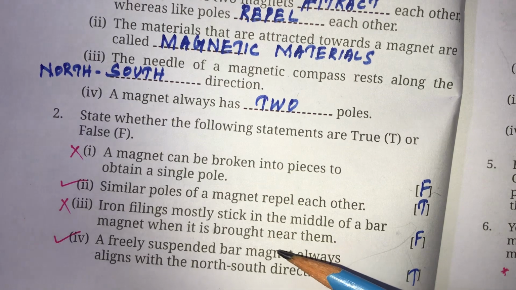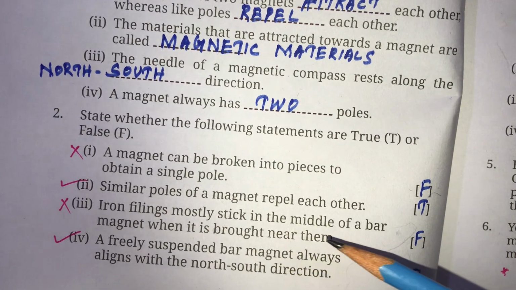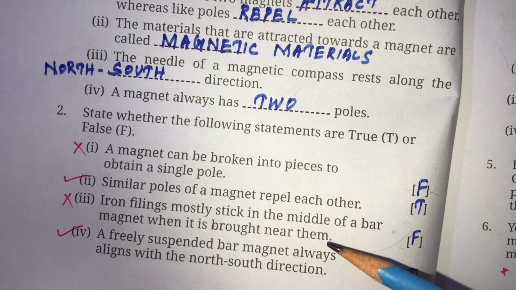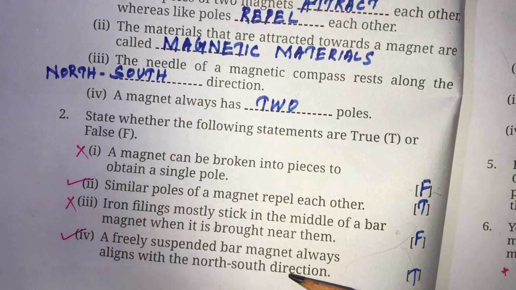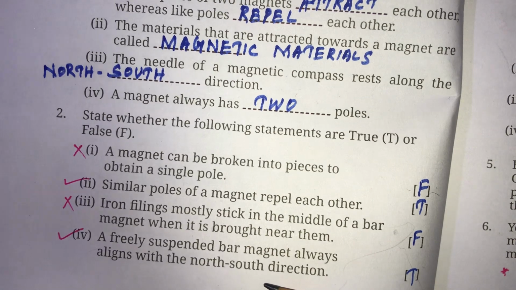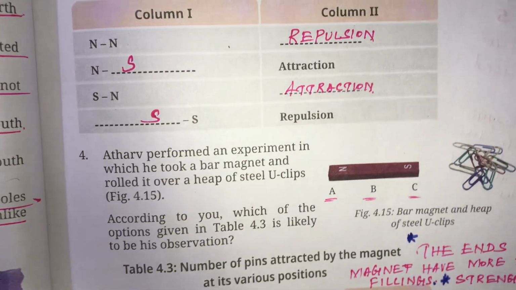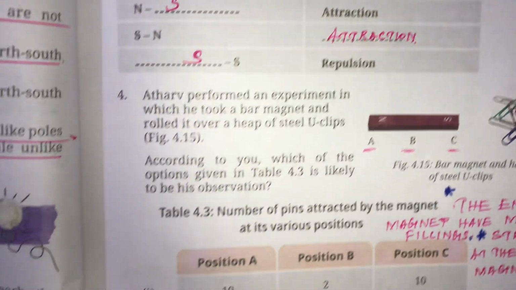Iron filings mostly sticking to the middle of the bar magnet: false, it is always on the end. A freely suspended bar magnet always aligns with the north and south direction: true. The rest of the questions come in the next video.